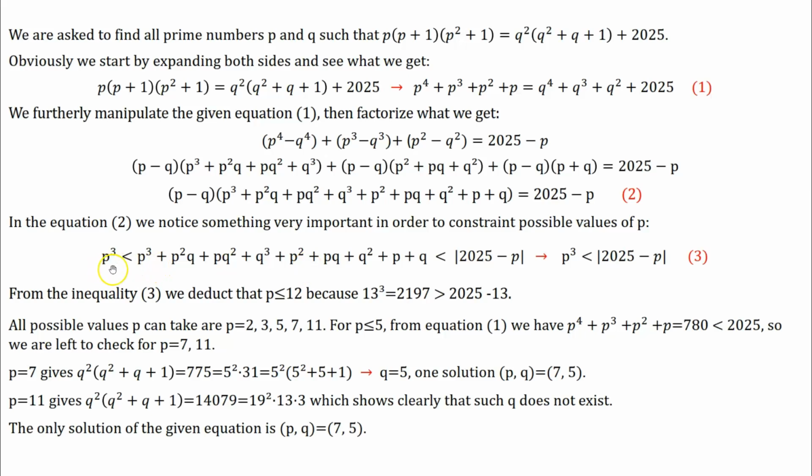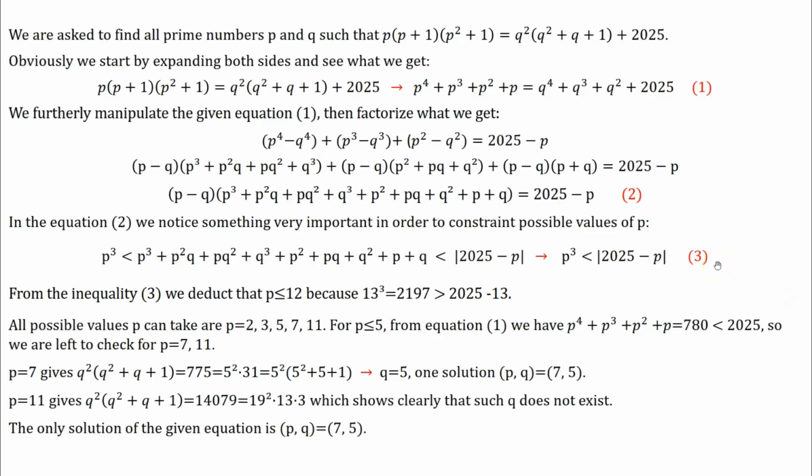On the other side, this sum, which is part of equation number 2, will be smaller than the absolute value of 2025 minus p, because in order for this value to be equal to 2025 minus p, it should be multiplied with p minus q, which, given that p and q are natural numbers, will also be a natural number. So from this expression, we derive that p to the third power is smaller than 2025 minus p.